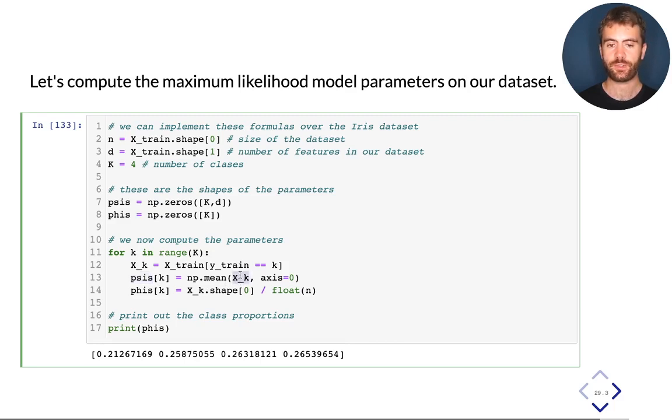And because this matrix is binary, I can just take the mean along the axis that goes over all the data points in order to compute the average number of times that I see each word in my training data set. And similarly for the phis, it's simply how many examples of class k I have over the total number of examples in my data set. And these are the probabilities of the different classes. I have about a quarter each.